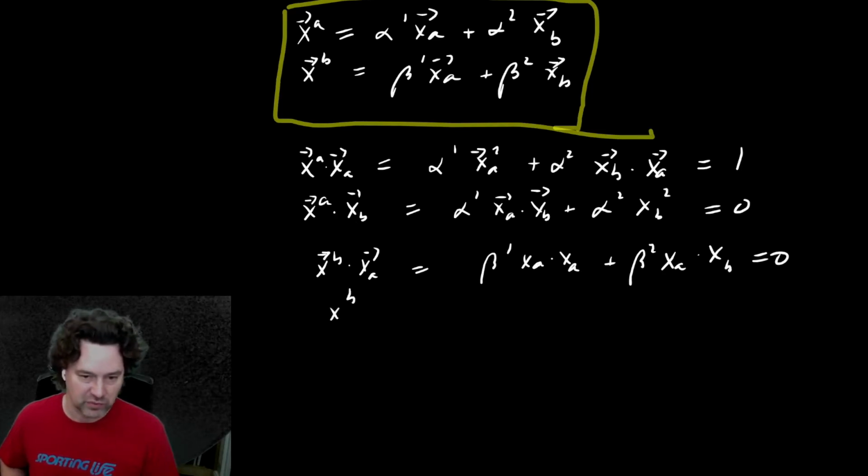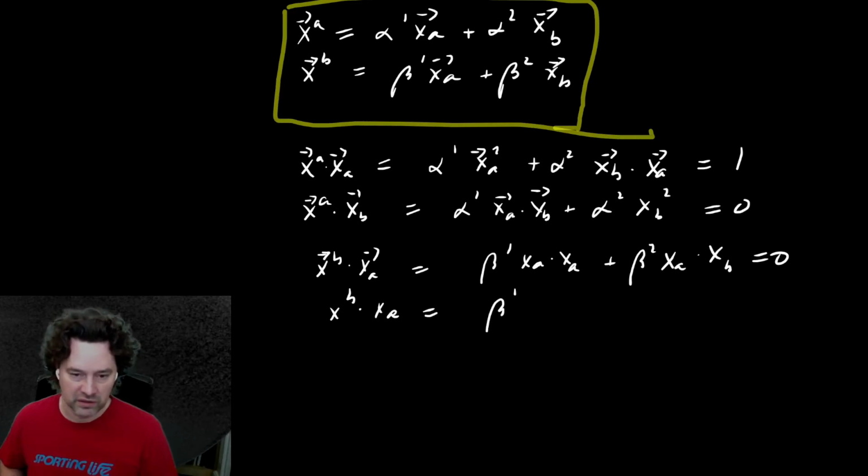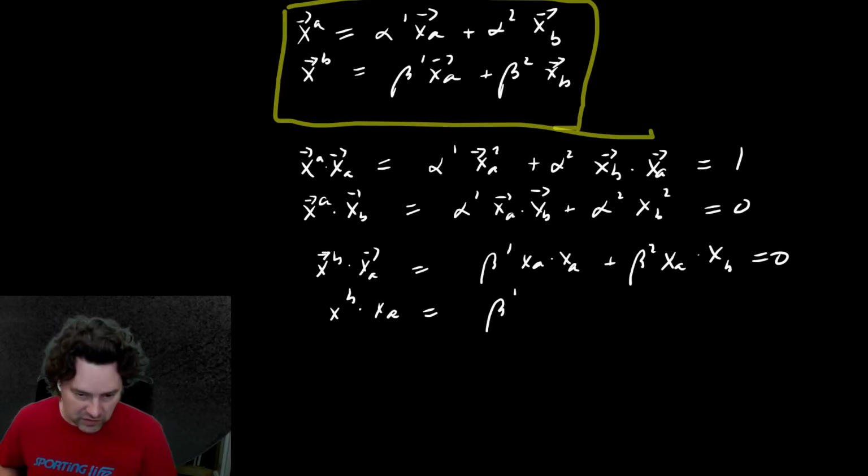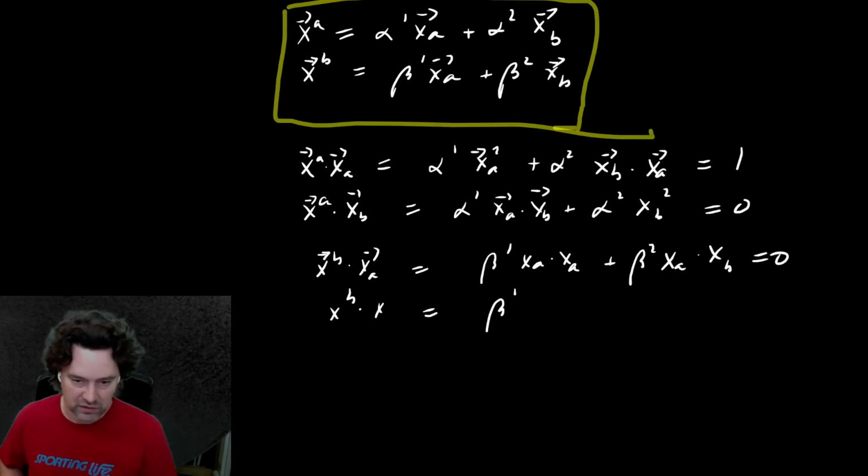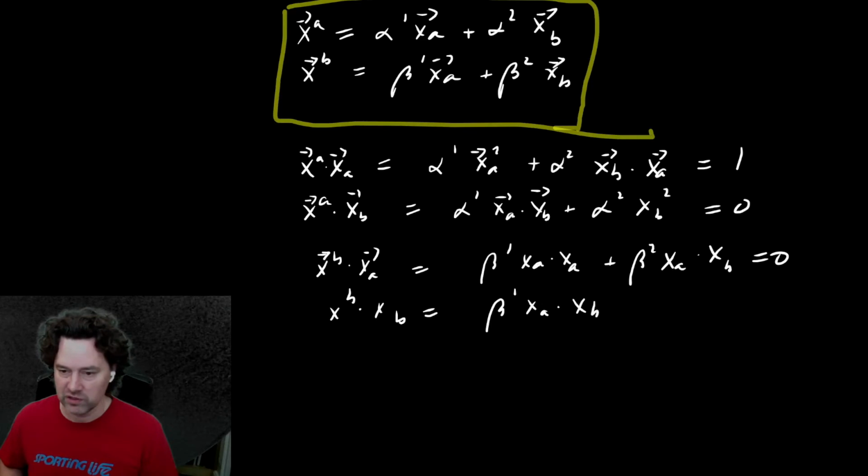And now we have x^b dotted with x_b, that is beta_1 x_a dotted with x_b plus beta_2 x_b squared.